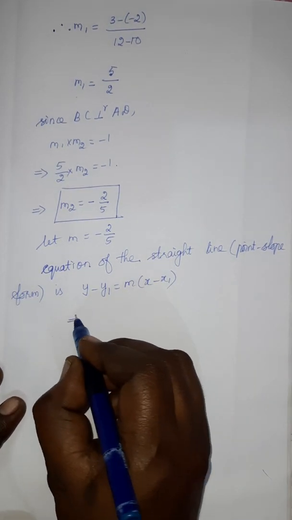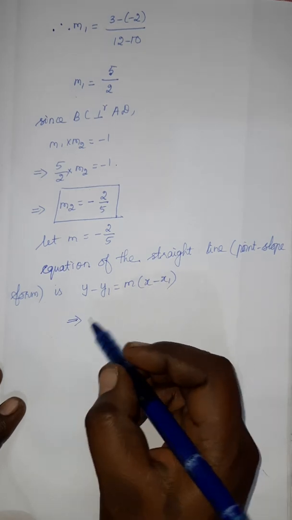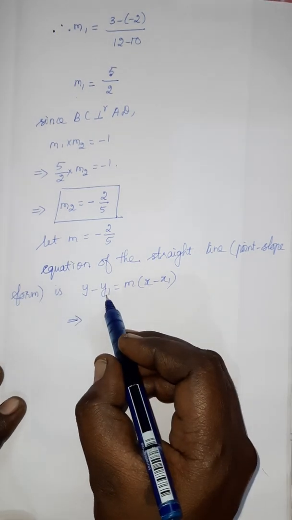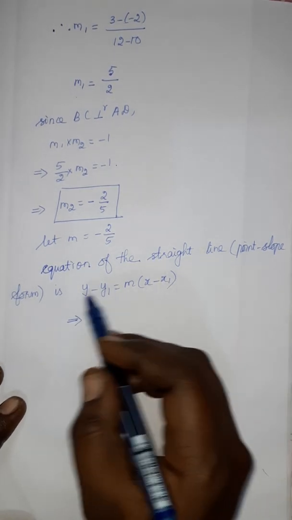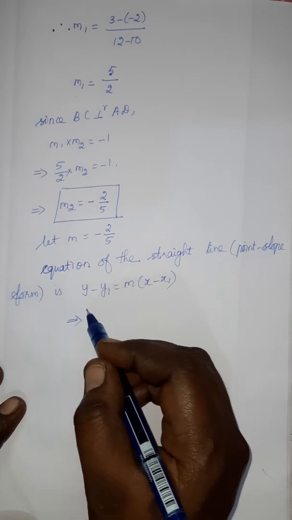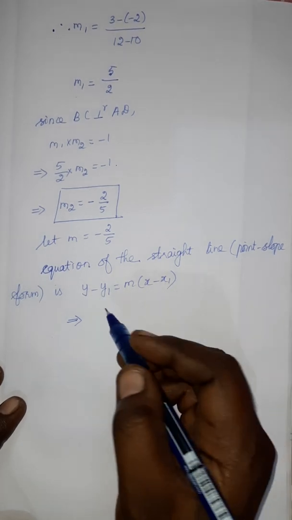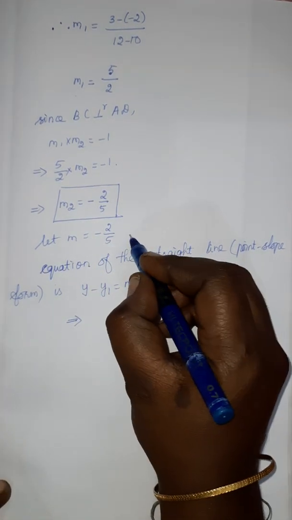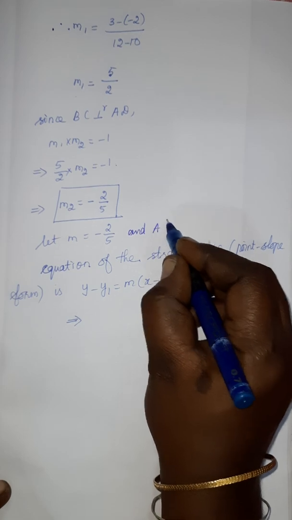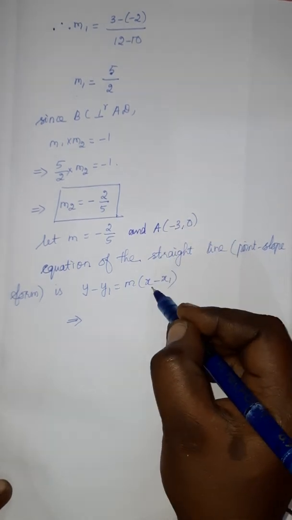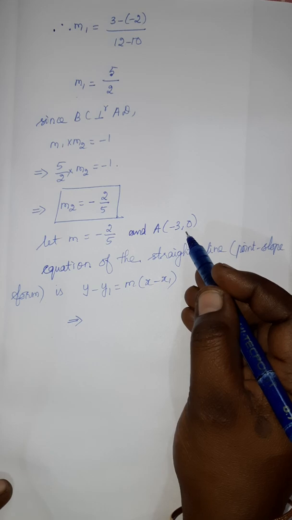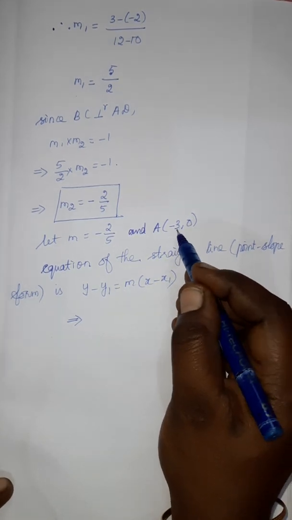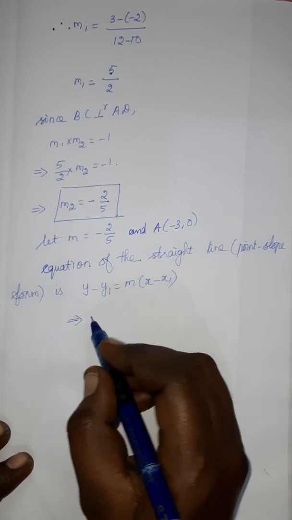We know the A coordinate, so it is the x1, y1 for the straight line passing through A. Here we write m equal to minus 2 by 5 and A coordinate is (-3, 0). This point only you have to consider, otherwise you will get confused about which point is x1, y1. So write it here. Using this point we can find the equation of the straight line.